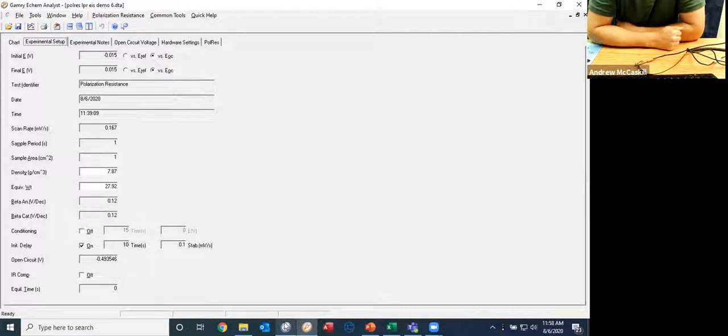Since you're in a molten salt, you can't really do a room temperature measurement, I don't think, right? So it would be solid state. Yeah, we'd have to talk about it a little bit more. The one thing I would have said is, what does the OCP look like? But send it along. We'll take a look at it and see if there's something that stands out to us.